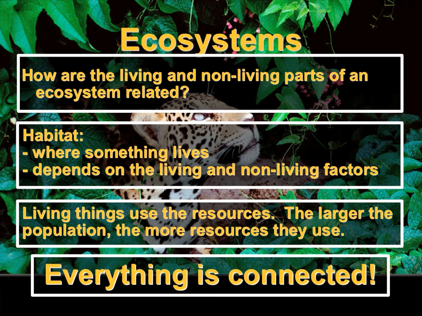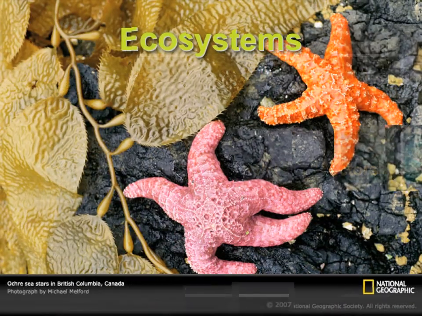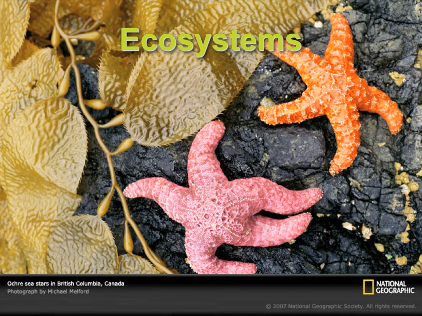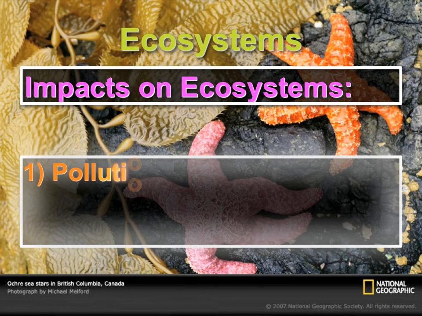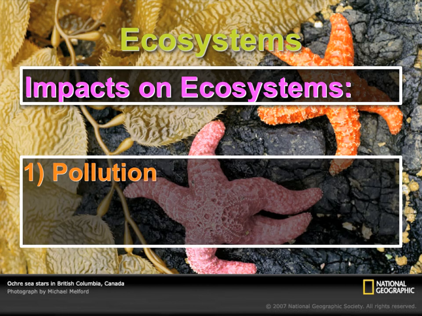Okay. Everything is connected. In our next section of videos, we're going to actually talk about what should you be researching. We've got a little bit of background on ecosystems. What should we start to investigate and research? Okay. And in order to do that, we're going to be looking at some impacts on the ecosystems.